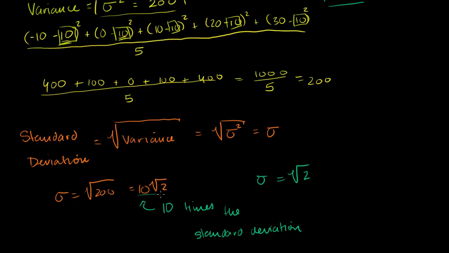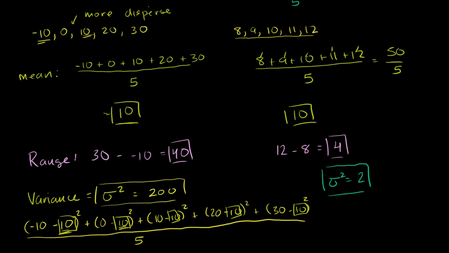Let's remember how we calculated variance: we took each data point, figured out how far it is from the mean, squared that, and took the average of those. Then we took the square root, really just to make the units look nice. But the end result is that the first data set has 10 times the standard deviation of the second data set.